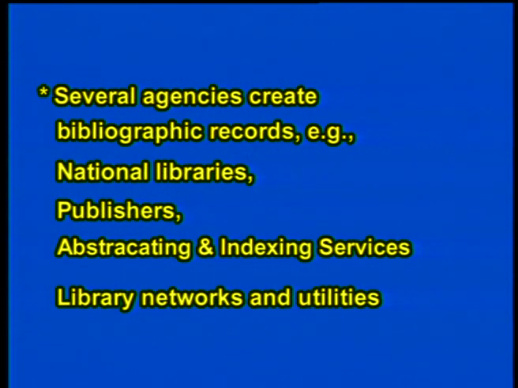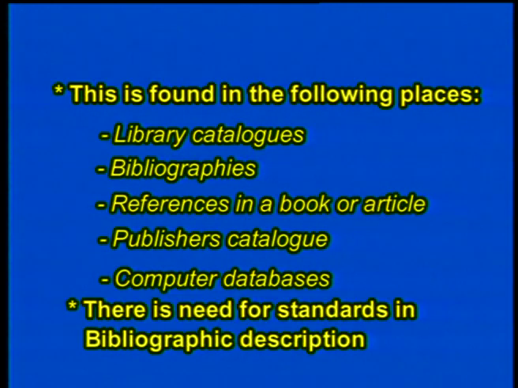Abstracting and indexing services are agencies which provide bibliographic descriptions of articles in journals, reports, etc. Similarly, computer networks, library networks and computer based library utilities have to provide bibliographic description. You will find bibliographic description in library catalogs, in bibliographies, in references in a book or article, publishers' catalogs, and computer databases.